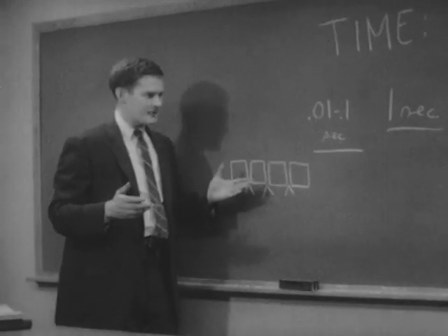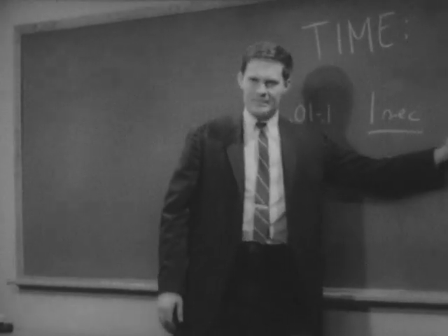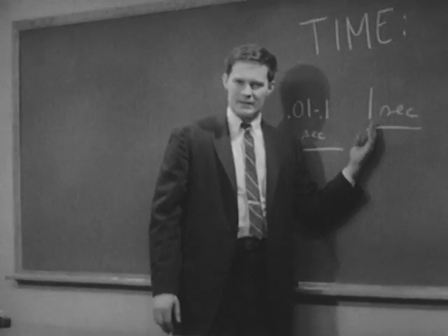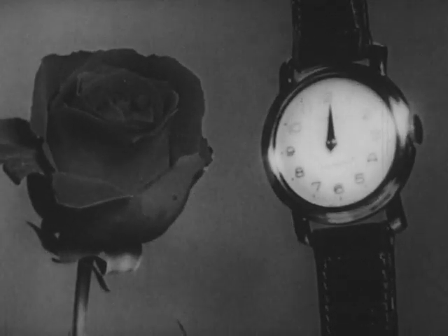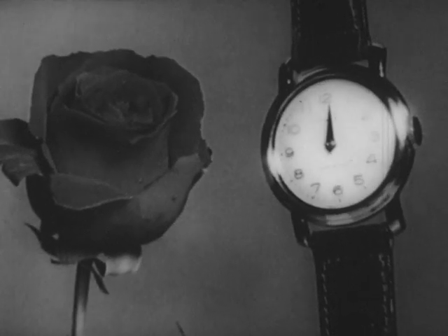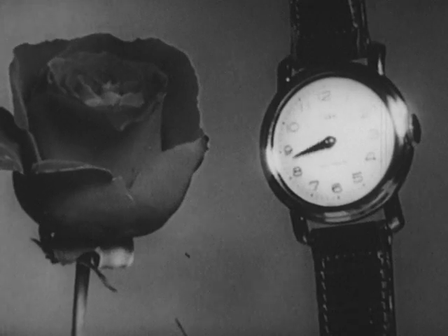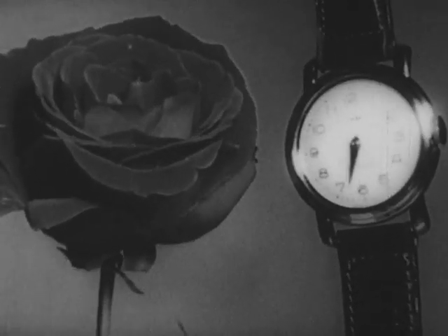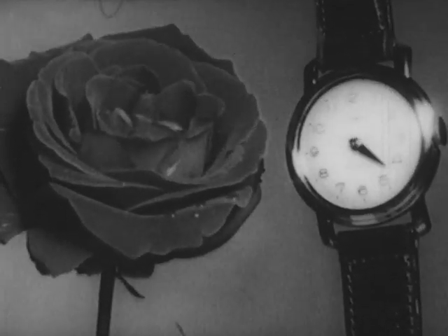Now, just for fun, I can take something that takes place in a long time and squeeze it down, telescope it, so it takes place in a short time. Here is a rose, and it's growing, but nothing seems to be happening. You can watch it for 5 minutes, and then you get bored. But if we take a picture once an hour and show them rapidly like this, you can see the flower unfolding in an almost explosive way.